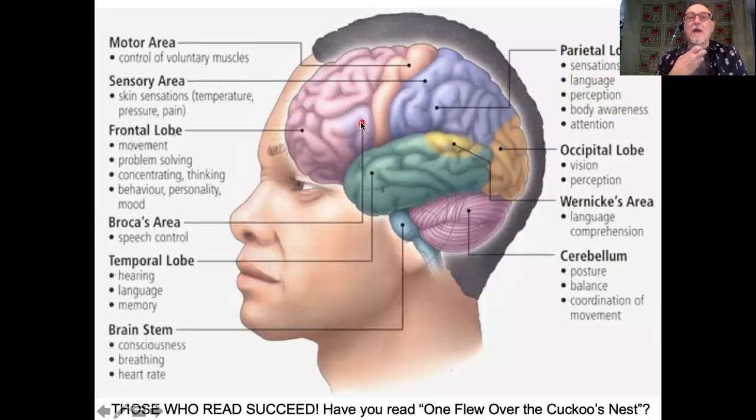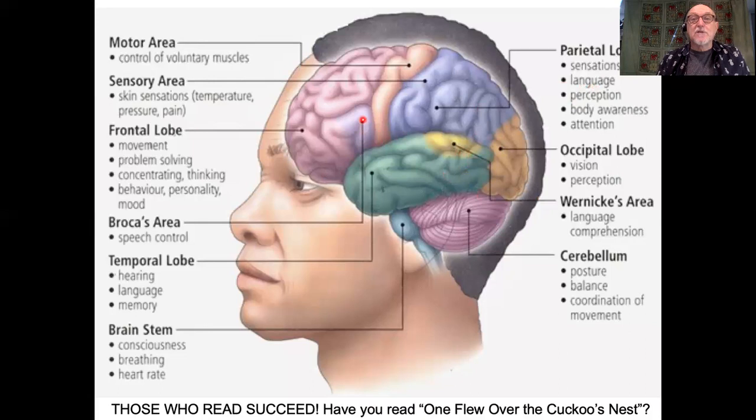That is where you physically make the motions which will create speech. It's Broca's area that helps you to do so. But it is these areas, Wernicke's area, for example, and the parietal lobe, that enable you to actually understand language.